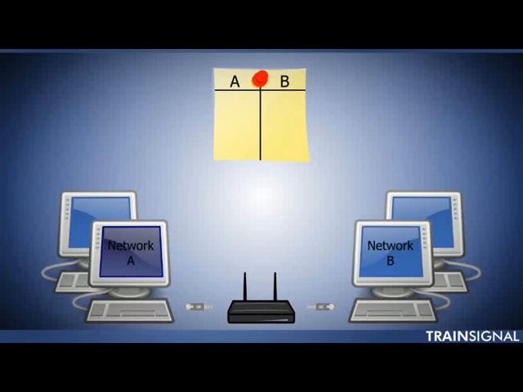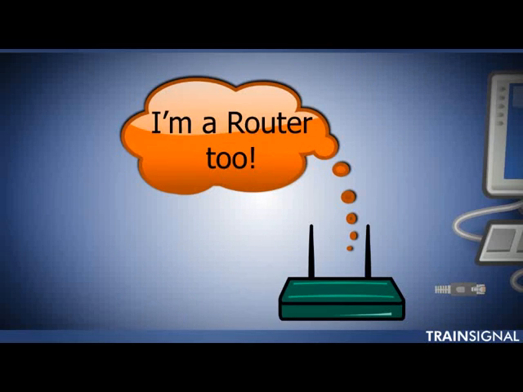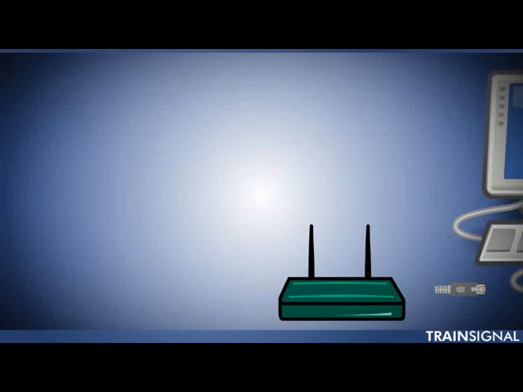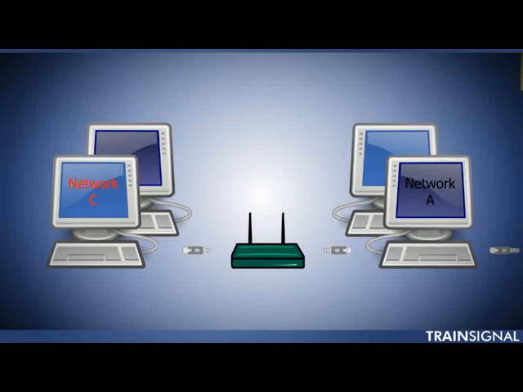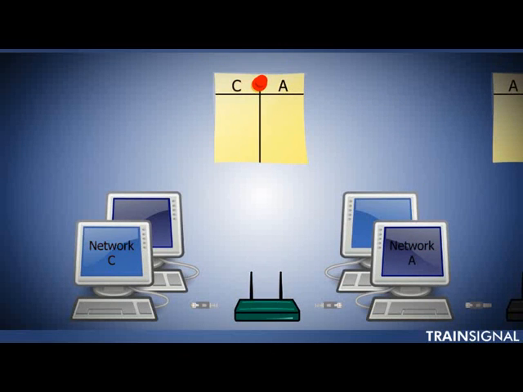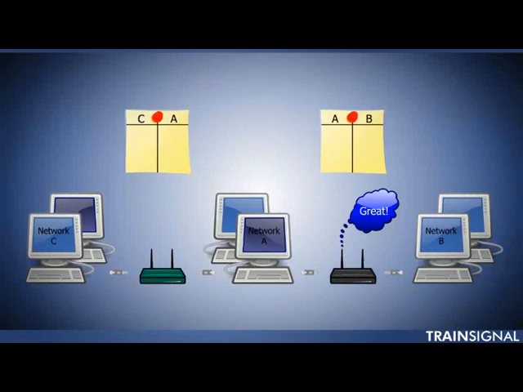But then, hi there, I'm a router too. I not only know about network A, but on the other side of me, I'm connected to network C. Okay, and just like with the first router, the second router is aware of networks A and C and has had that pre-configured. Great.